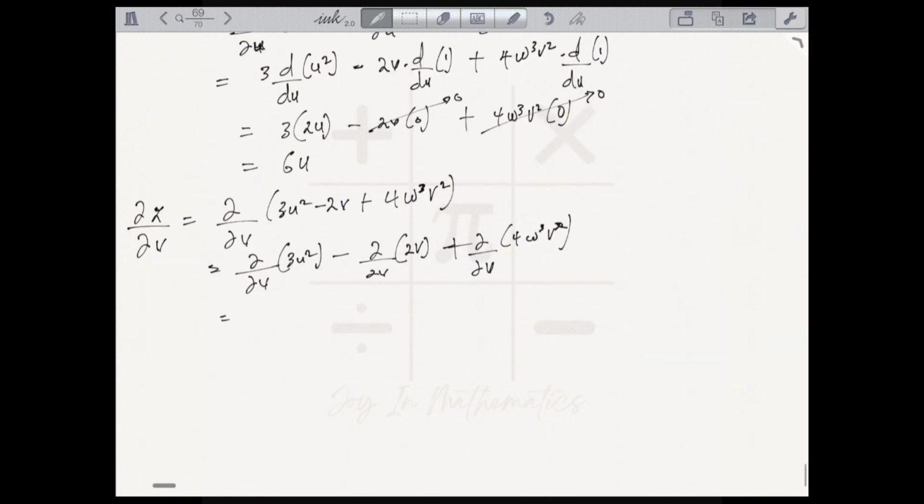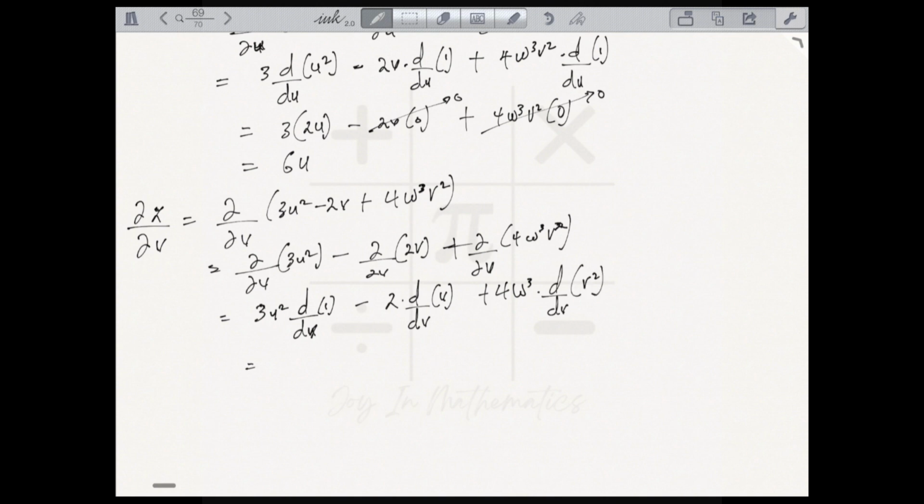Now let's separate terms, bringing out the constants. 3u squared is a constant multiplied by the differential with respect to v of 1. 2 is a constant multiplied by the differential with respect to v of v. And 4w cubed is a constant multiplied by the differential of v squared.